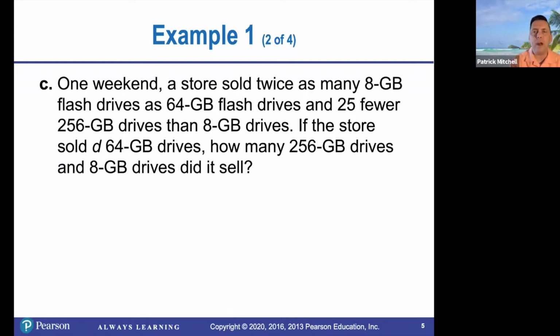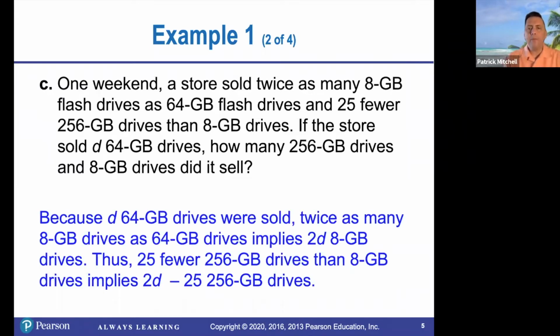It's actually the other way around. Think about 2 fewer than 10. That doesn't mean 2 minus 10. It means 10 minus 2. So the number of 8 gigabyte drives is 2D, and the number of 256 gigabyte drives is 2D minus 25.